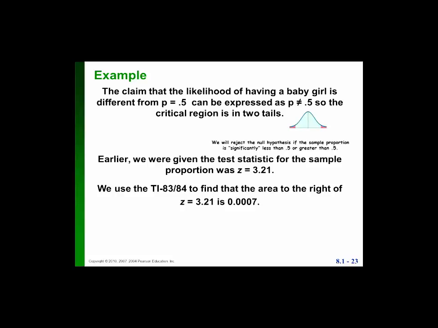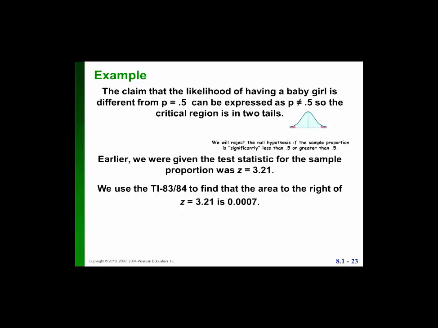But if you had given me the mean and the standard deviation, then I would have used normal CDF 3.21 to 9999, comma, mean and standard deviation, and it would have given me this value. 0.0007 is this area, and this end is 0.0007. So that's the probability that Z is greater than 3.21.